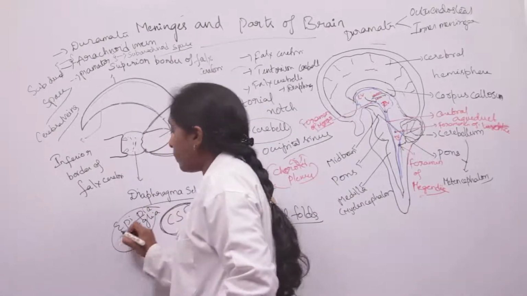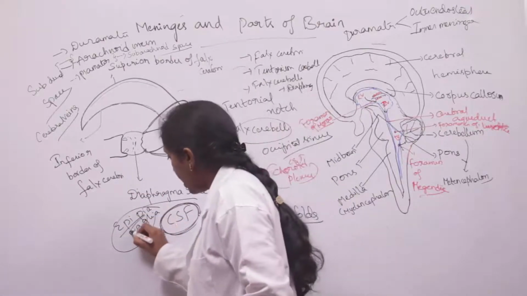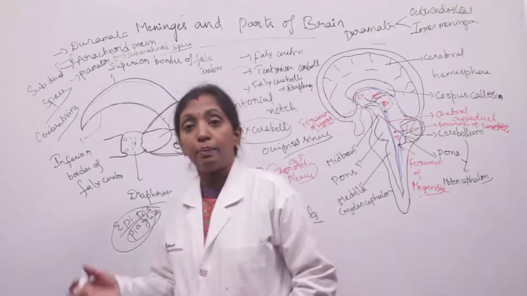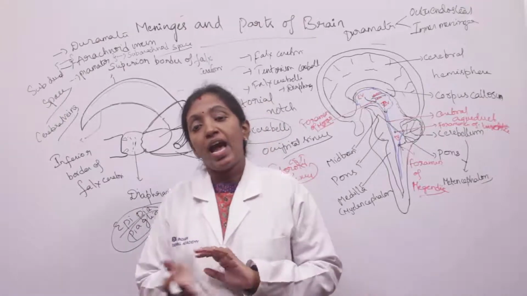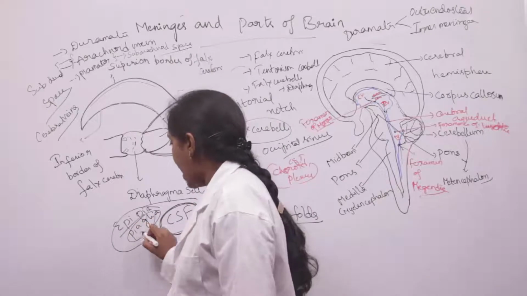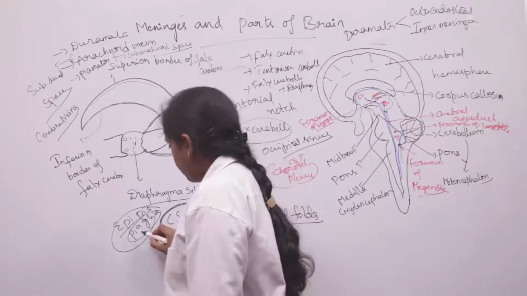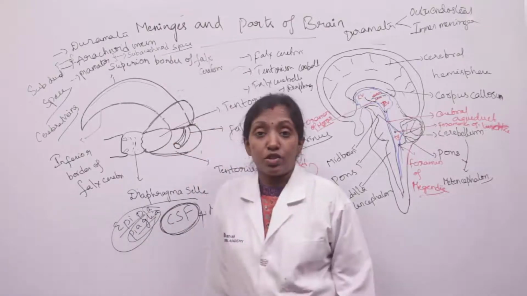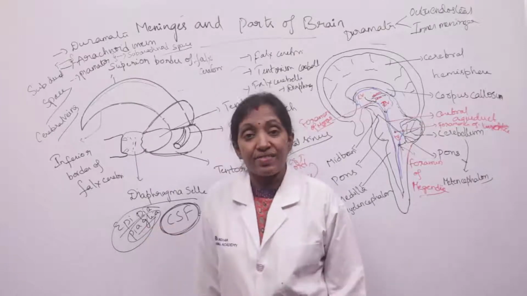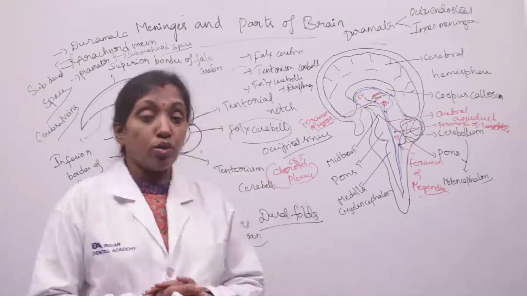The epipia is closely attached to the arachnoid membrane, and the pia glia is closely attached to the brain, and it passes into all the sulci and fissures of the brain. There is no space between the pia glia and the brain. So that's about the pia mater.